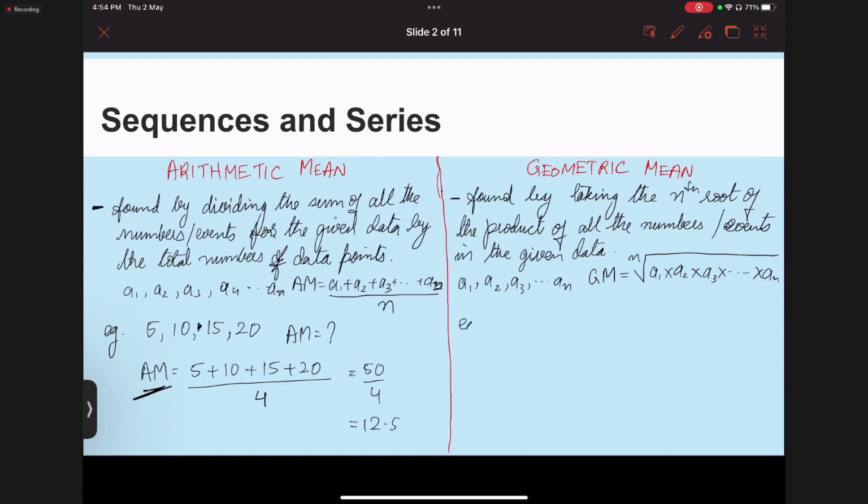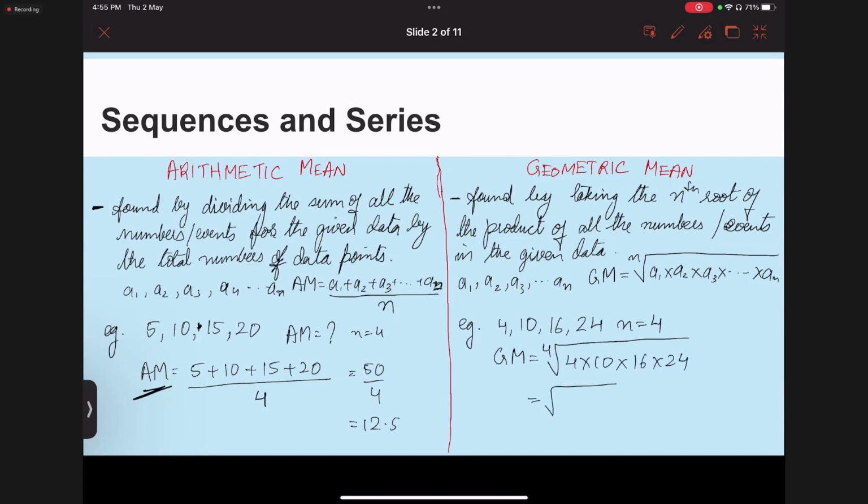Now let's take the example for the geometric mean. Suppose we have 4, 10, 16, and 24. Over here our n is equal to 4 and we have to find GM. GM can be found by taking the fourth root of 4 into 10 into 16 into 24.